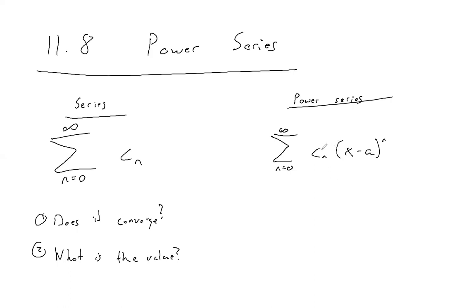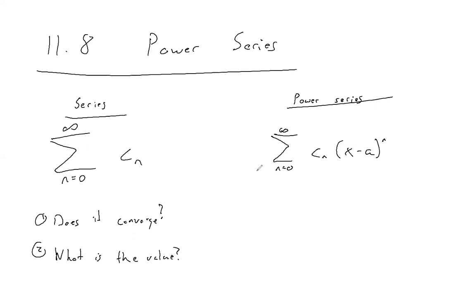But we have Cn times x minus a to the power n. So what does all this mean? These Cns and this a are just real numbers. Okay, so just like in this series, the Cns are real numbers. And then we have this variable here, x, and then we have this real number a. And then this x minus a is to the power n.